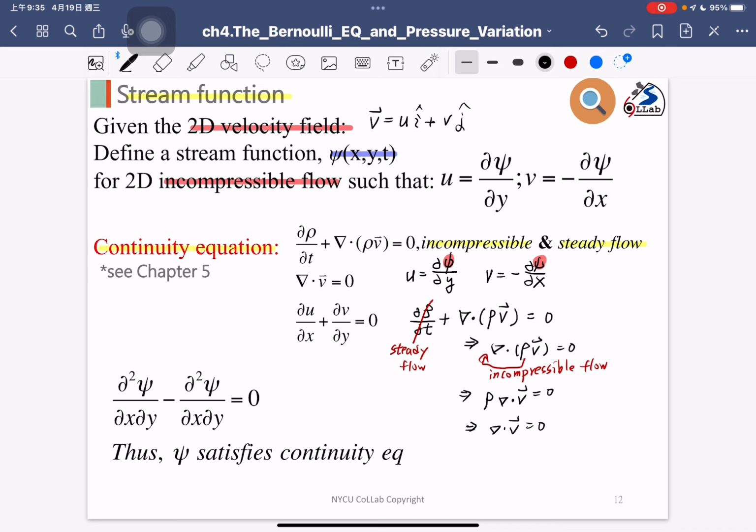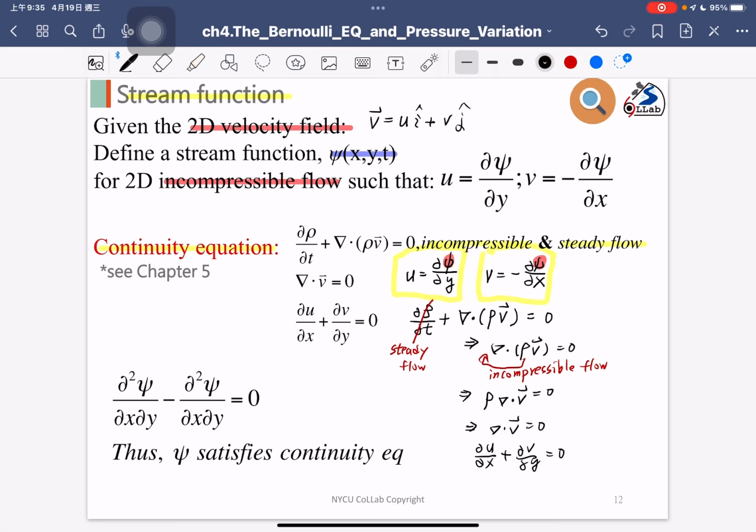We know that it will equal ∂u/∂x plus ∂v/∂y equal to 0. Okay, and then we put the two equations, we put the equation here, and the u and v here.